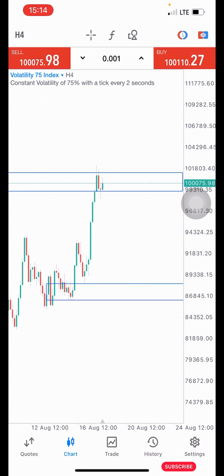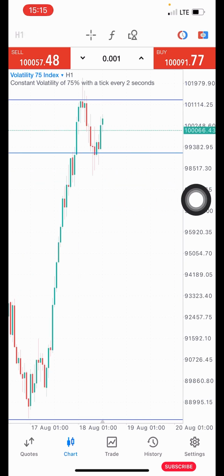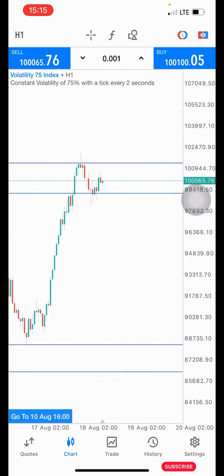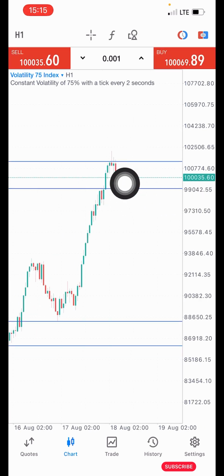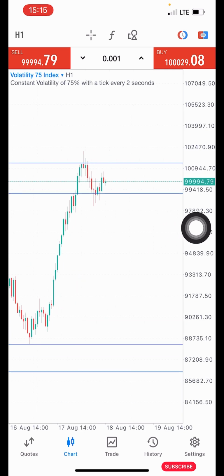Now here on the 4 hours, you can see that we are in the resistance zone, and judging from the analysis from daily, I'm supposed to be looking for a sell. But I'm not going to take the sell around this area. I need confirmation, so I'm going to step down to the 1 hour. Here on the 1 hour, you can see the market is kind of trying to form something like a double bottom.